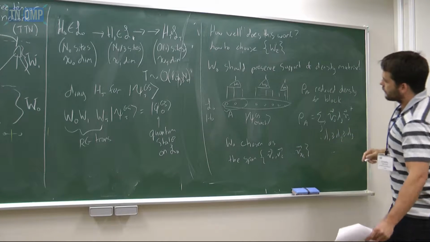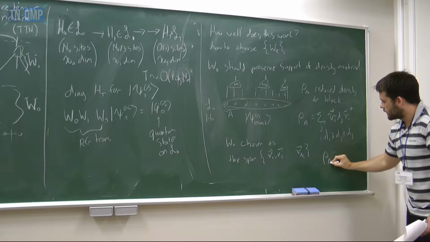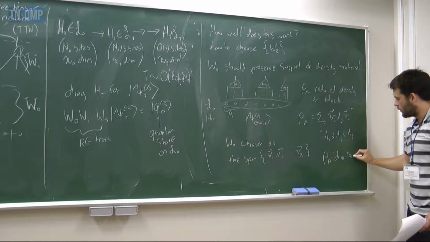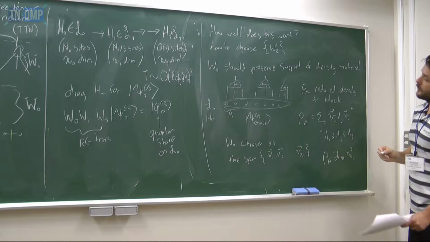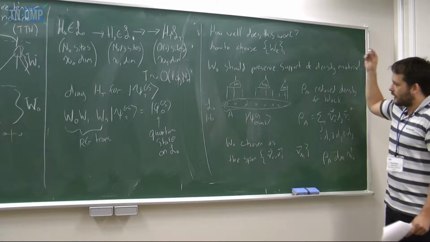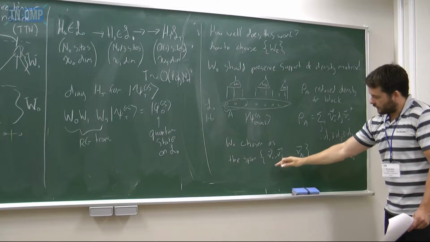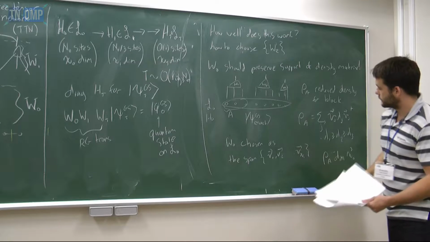Okay, so here rho A is of dimension some chi naught cubed. The optimal choice of this W, as argued by Steve White, was that I should choose this isometry as the span of the dominant eigenvectors of this density matrix.